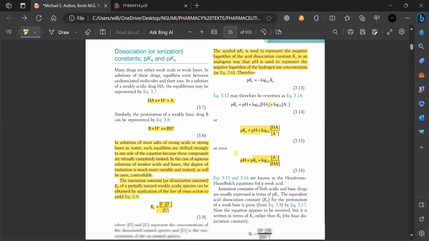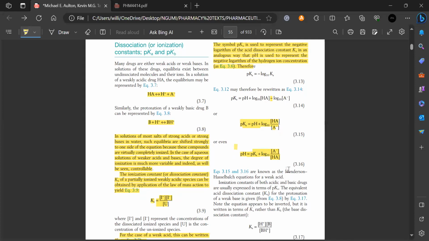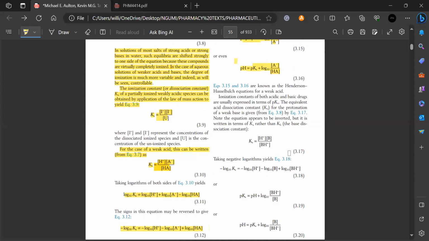And this is the Henderson-Hasselbalch equation for weak acids. Obviously you will need to look at it again, but this is the basic idea. Just note, instead of taking it to the other side and putting a minus on the log, you just get a reciprocal. The same thing will happen when we're using a base.